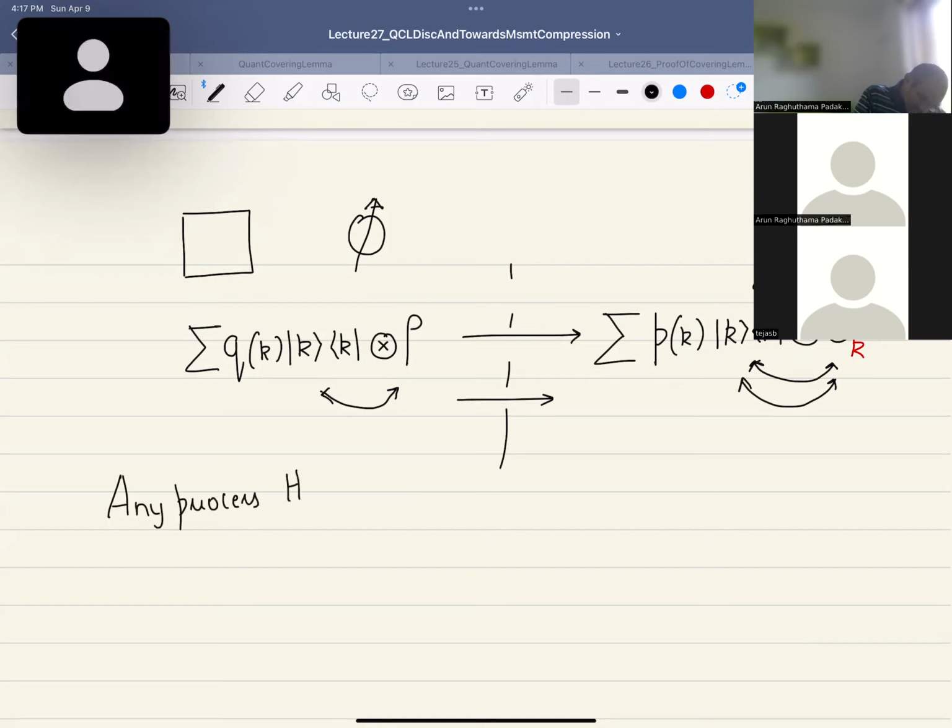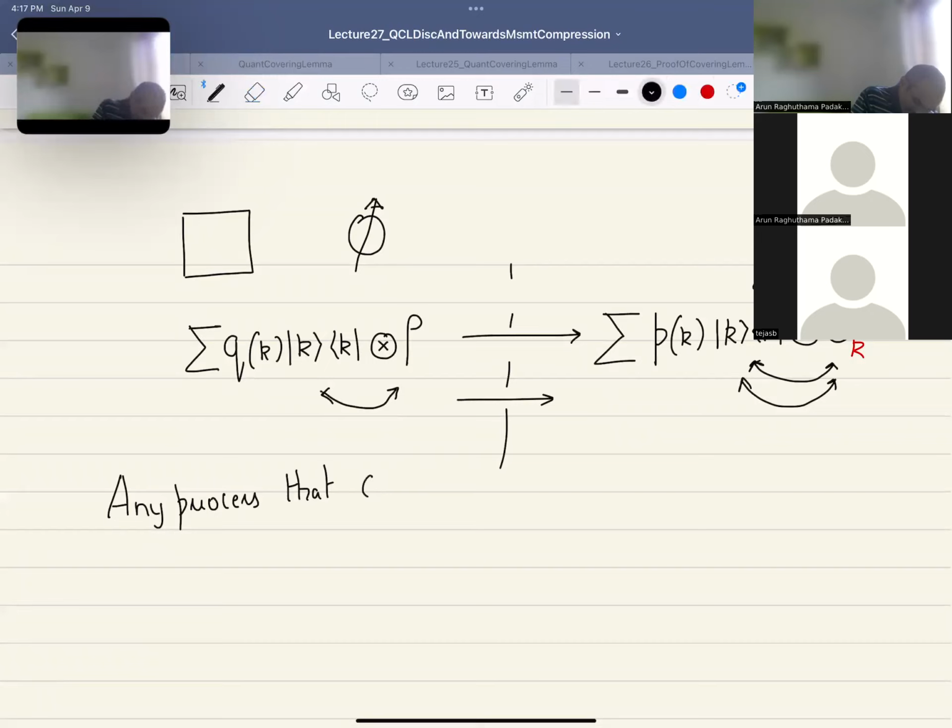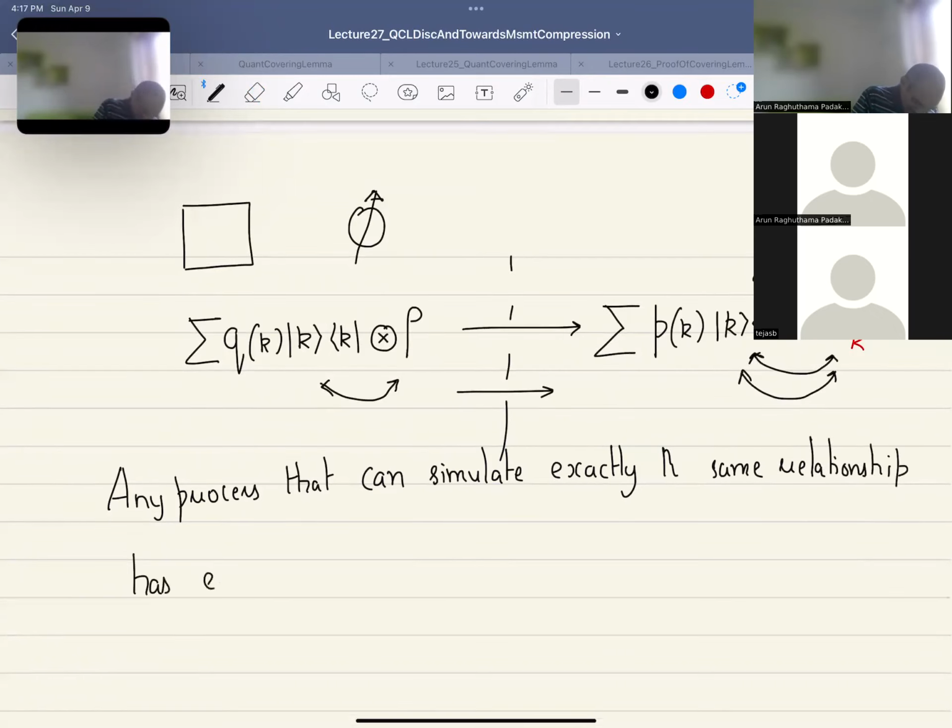Any process that can simulate exactly the same relationship has essentially simulated the measurement process.